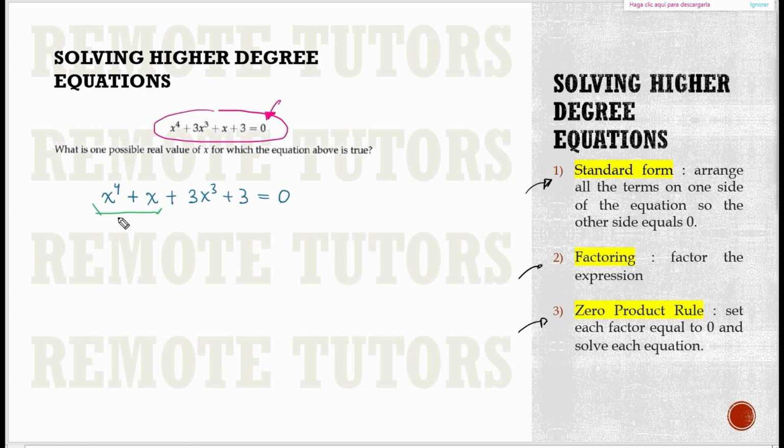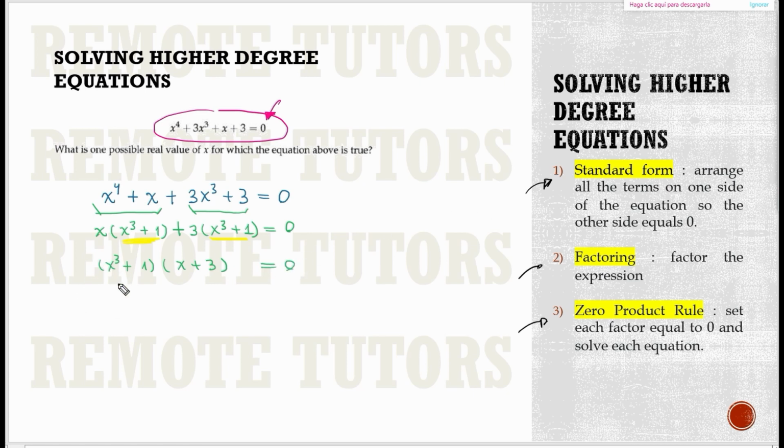The factored form will be x times (x cubed plus 1) plus the factored form of the last two terms, which is 3 times (x cubed plus 1), gives 0. So now this is the common factor. So finally (x cubed plus 1) times (x plus 3) gives 0.